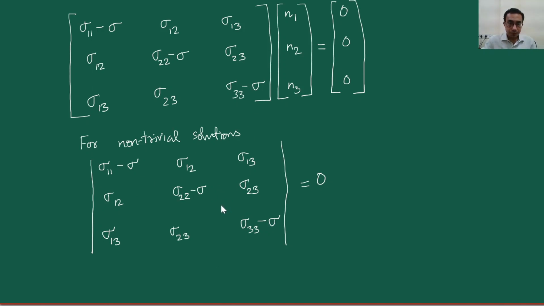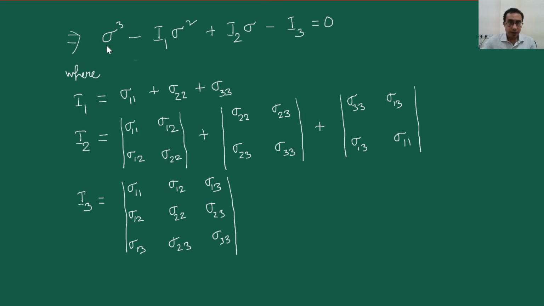Now again to recap, the sigma that we see here, the same sigma. Since this is an algebraic equation of degree 3, we will in general end up with three distinct roots.